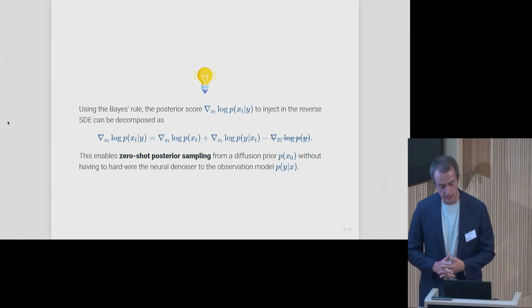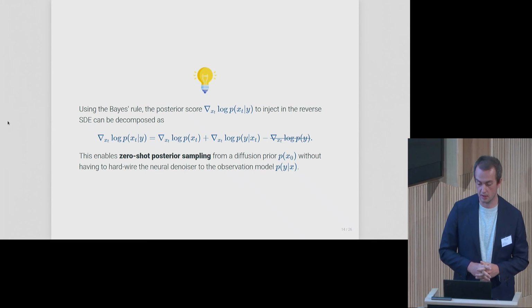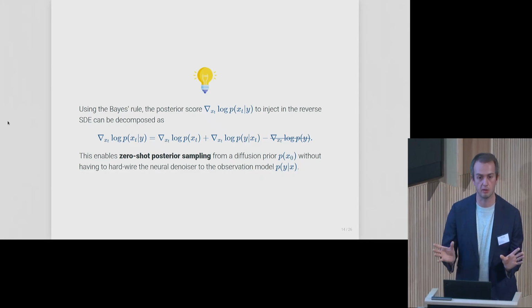So an alternative approach is to notice that the posterior distribution that we are after can be re-expressed using Bayes' rule as the likelihood and the prior.